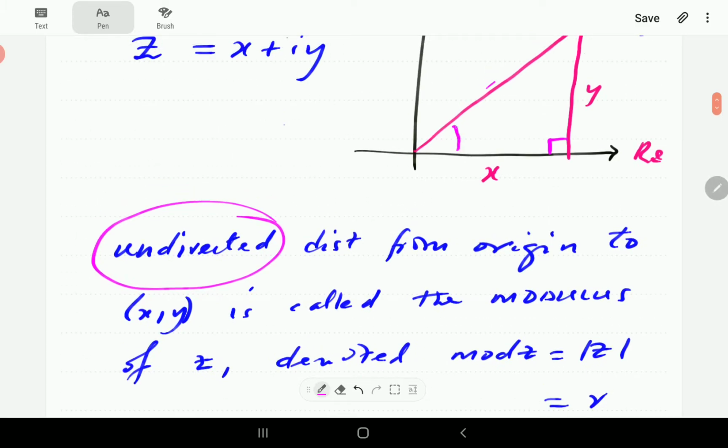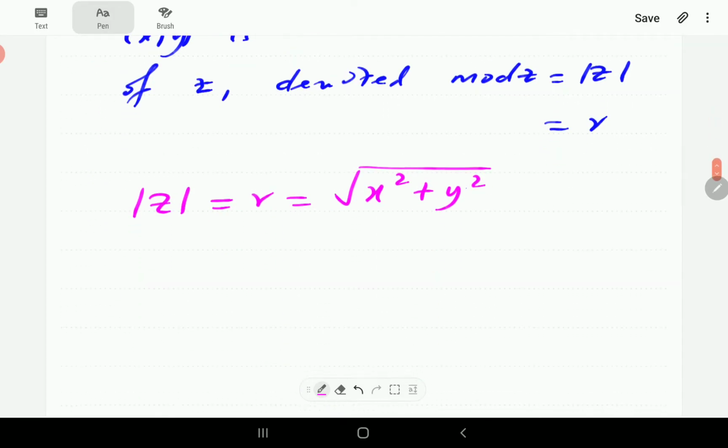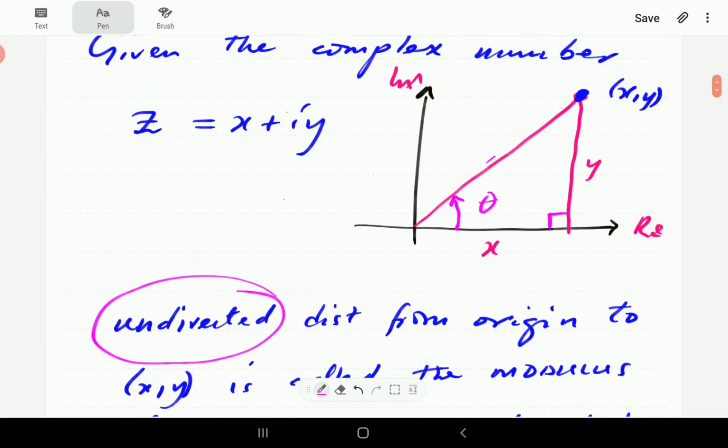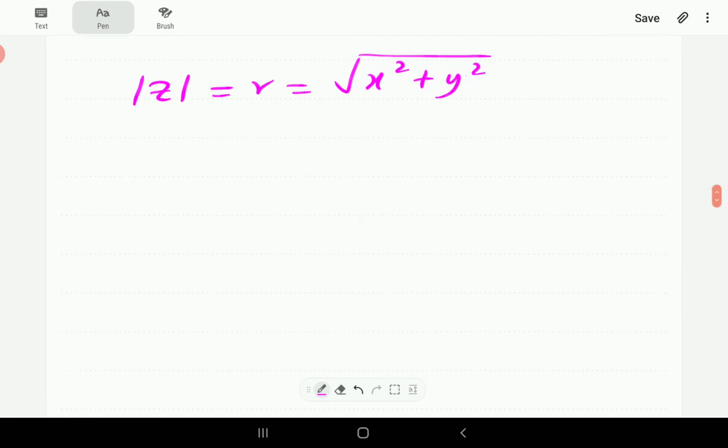Then next there is this angle here, which we are going to denote theta. The angle made by the terminal side through xy with the positive real axis is called the argument of z. It's denoted arg z. We also use theta to denote that one.